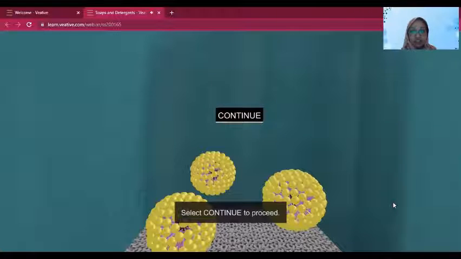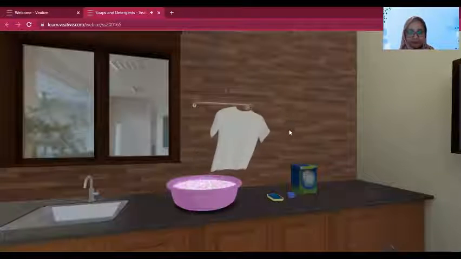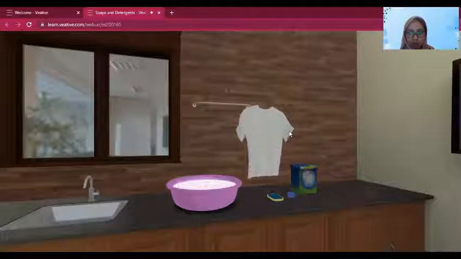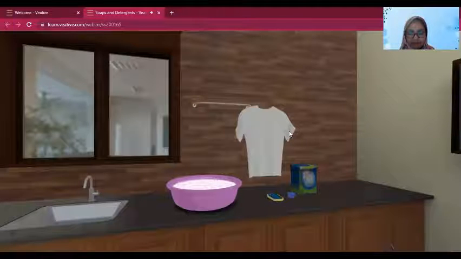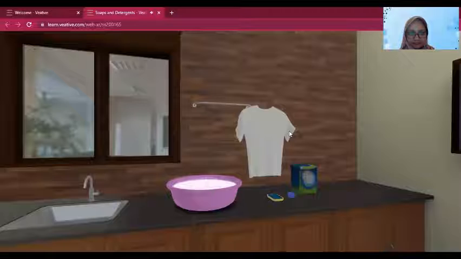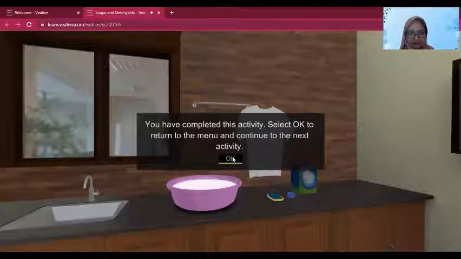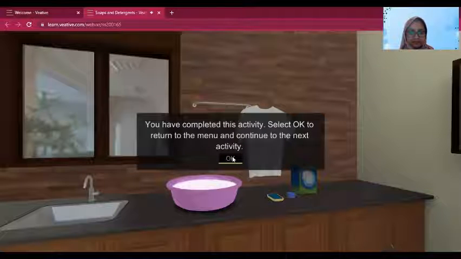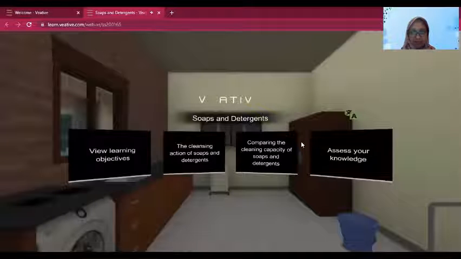So with the action of washing and rinsing, you will be able to remove them. Okay, so we're done cleaning our baju.